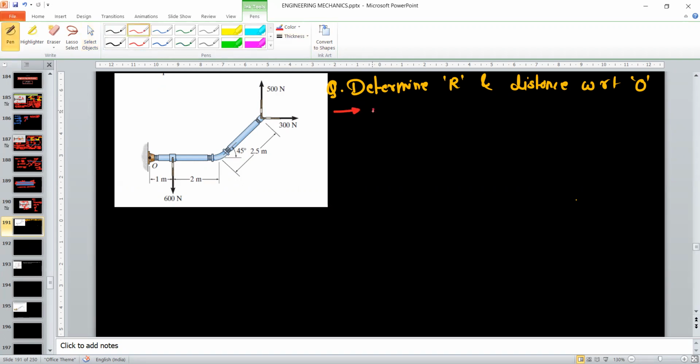So to solve this problem, your first step will be to resolve the forces. So resolution is your first step. For the resolution, you can redraw this diagram, then you can show the forces, and after that you can show the components.